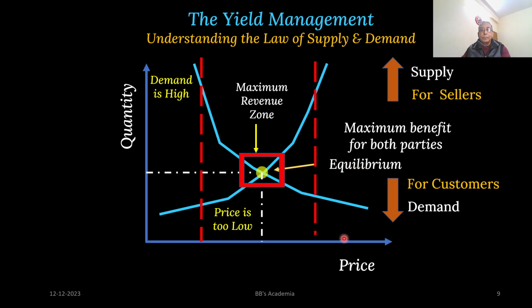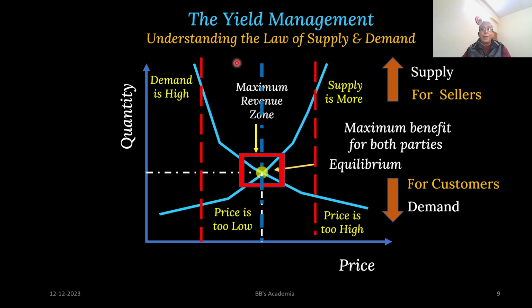Similarly, you can see this area, this point, price is too high, and here supply is more. In between, this is the equilibrium point or equilibrium line.